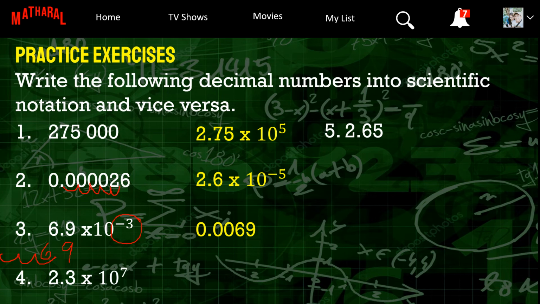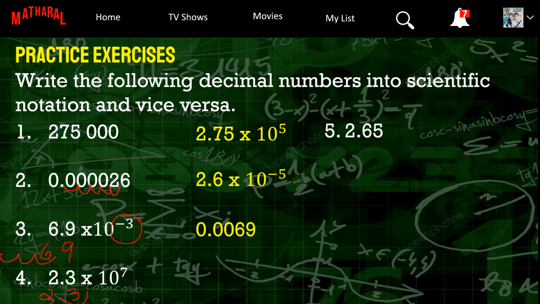And for number 4, we have 2.3 times 10 raised to 7th power. So, unlike number 3, which is a small number, this one naman ay a large number po ito. Since we have 2.3 here, kukopya na lang po natin yan. And then, we're going to move 7 decimal places from left to right.